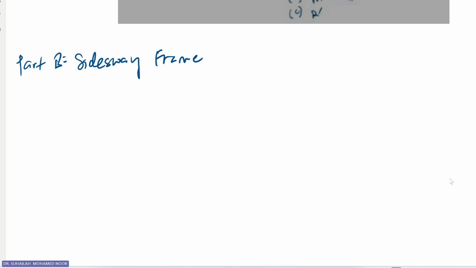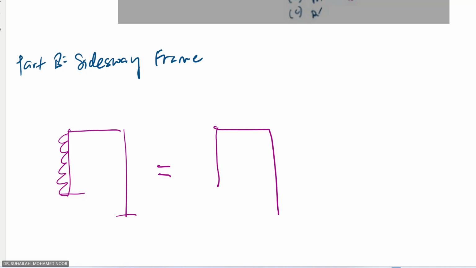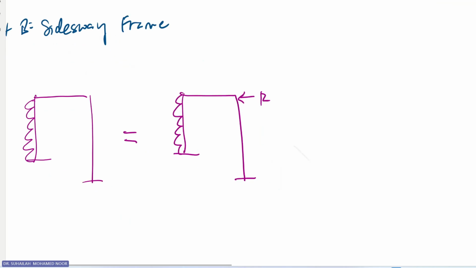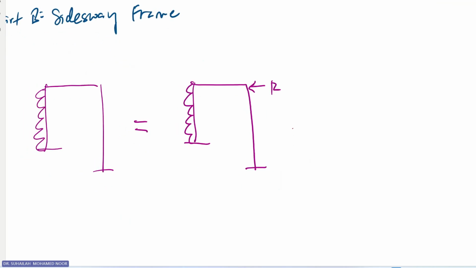In the side sway frame, recall back. The original is like this, and this is equal to R here, due to the artificial pin support at C. And this must be neutralized.